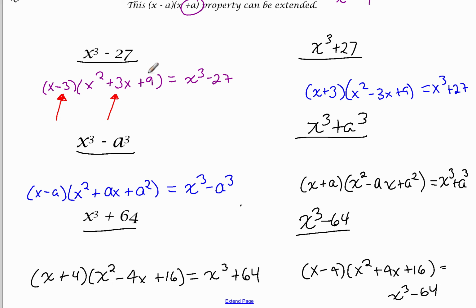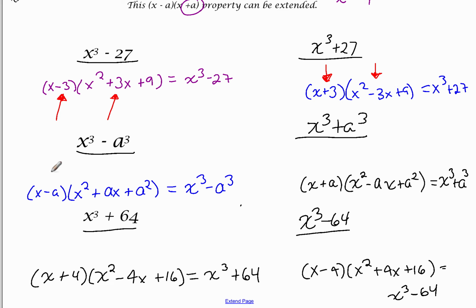It went x squared, x, none. And notice the coefficients: 9, 3x. Okay, let's look over here. When I had x cubed plus 27, and I started with x plus 3, I had almost the exact same thing, except it was minus 3x.